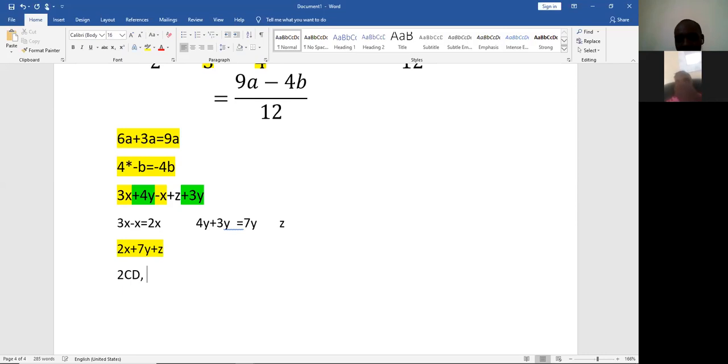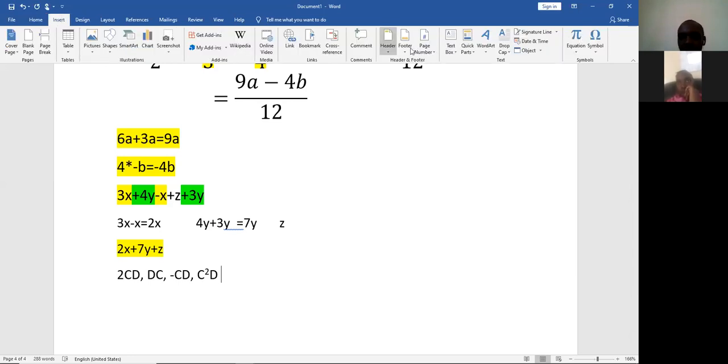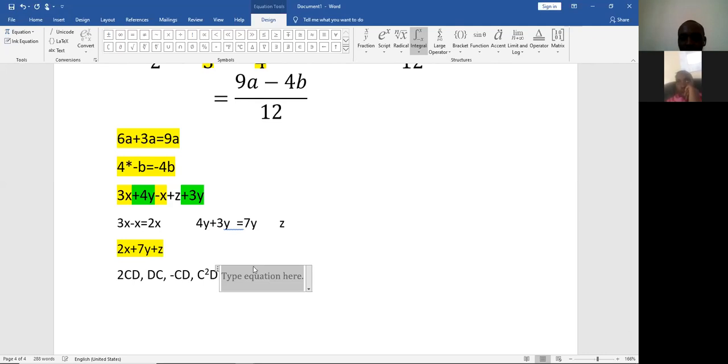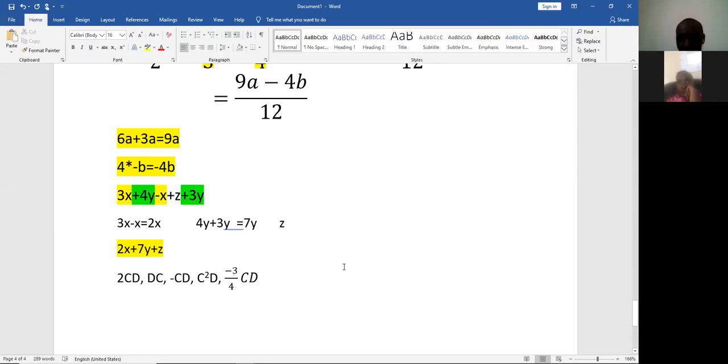I compare with the negative CD, C squared D. And then I insert this one here. This one is a fraction, negative 3/4 CD. So you want to see which ones are like terms.